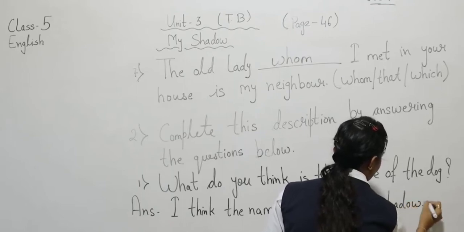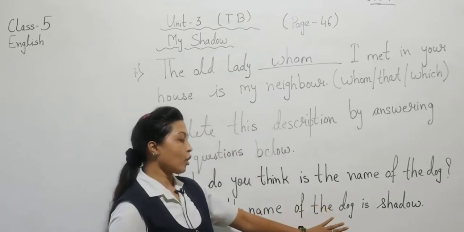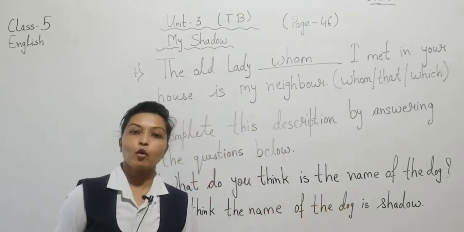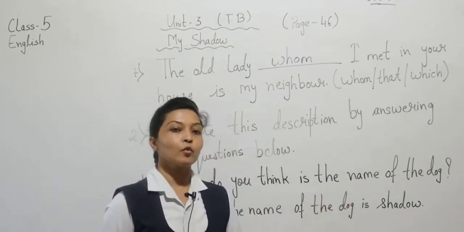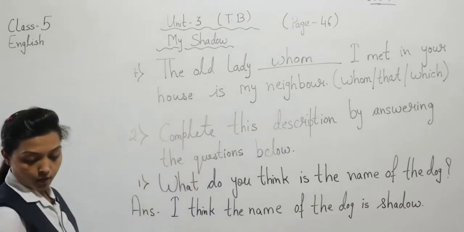So here, I think the name of the dog is Shadow. If you want some other name, then you can write it down. Okay.